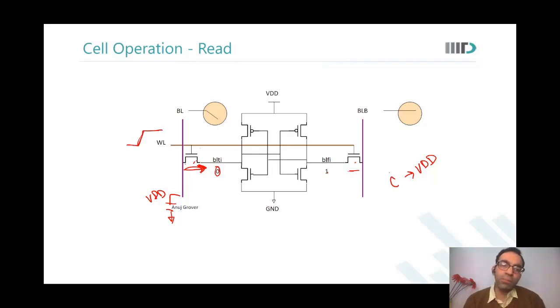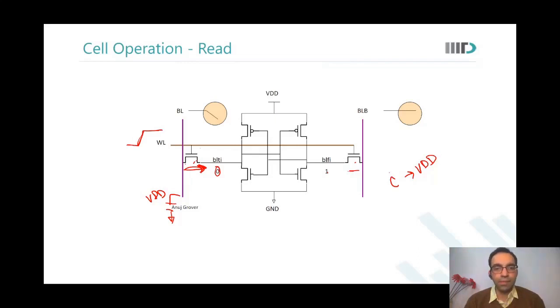So over here, because bitline was connected to BLTI, which had 0 stored on it, my BL voltage falls. After some time, there would be sufficient differential between bitline and bitline bar, and I will be able to trigger the sense amplifier and complete the read operation. Is this clear now? Yes, sir.